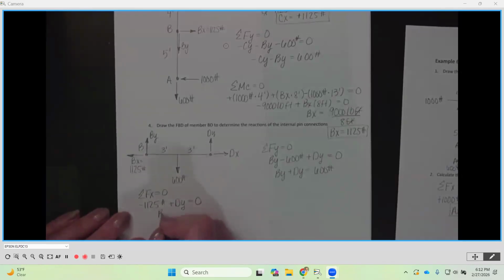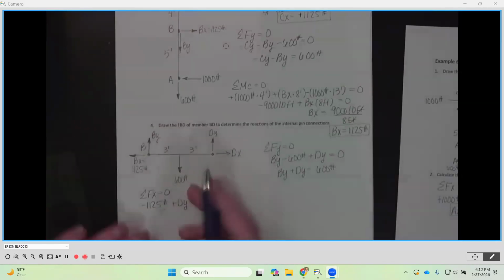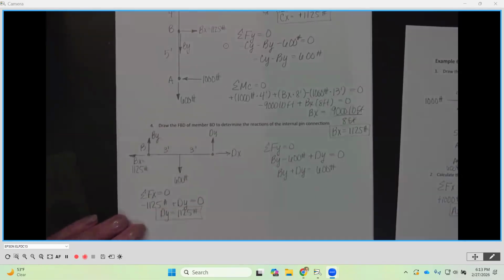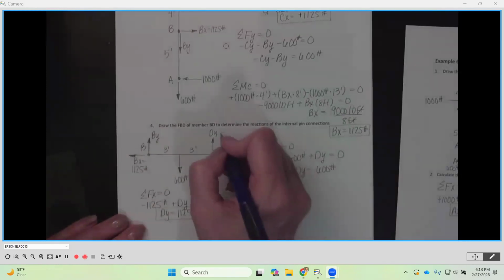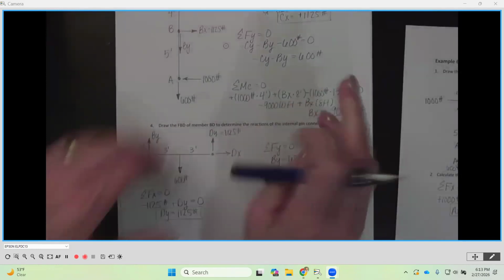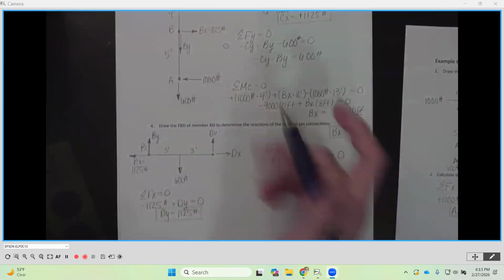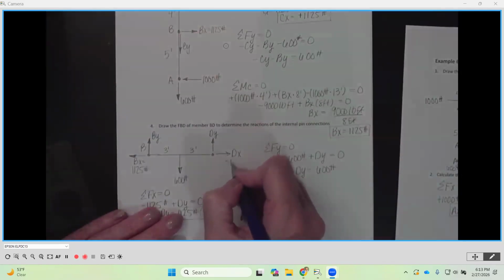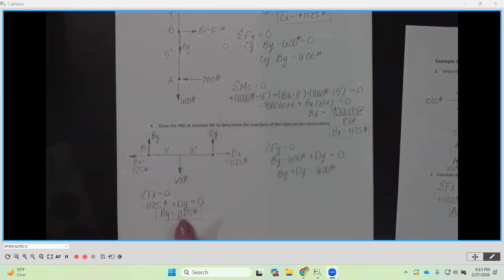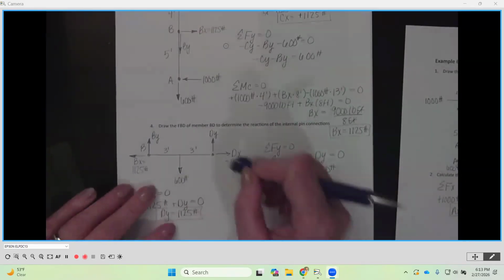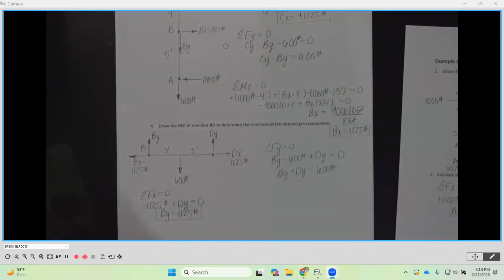So DX is equal to 1125 pounds. Sorry, I wrote the wrong one. This also came out as a positive number, so we assumed the correct direction, which we were pretty sure we were going to do. So 1125 for DX.